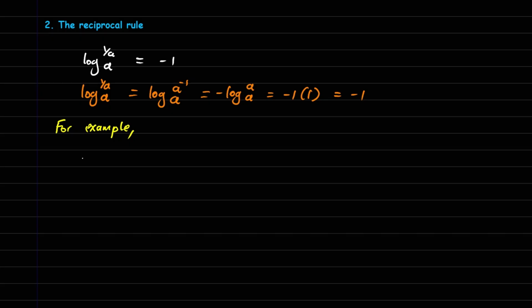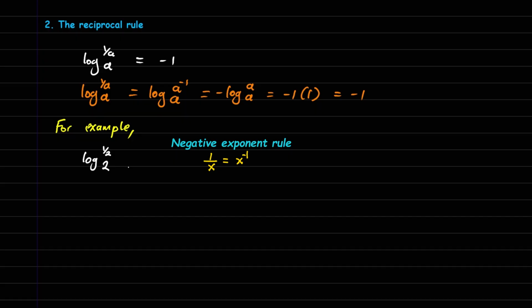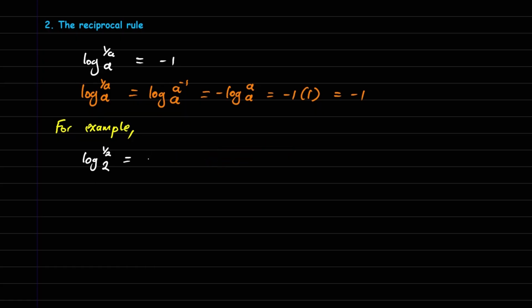For example, if you are given log of a half to base 2, from indices, a half is the same as 2 to power negative 1. This implies that we will have log of 2 to power negative 1 base 2. And from power rule, negative 1 will become a coefficient of this logarithm. So we will have negative log of 2 base 2. And from identity rule, log of 2 base 2 equals 1. So we will have negative 1 into 1.